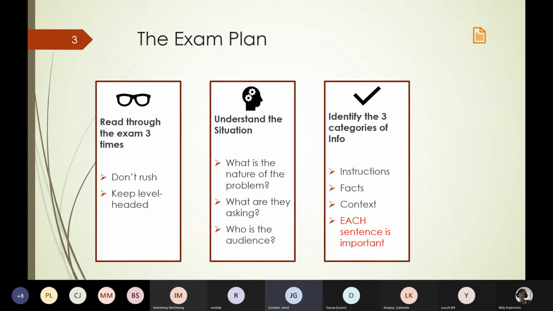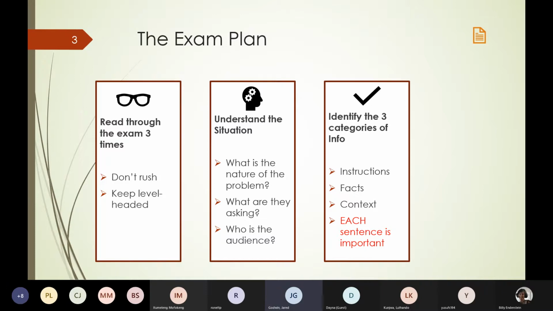And that's where I come to this third column here, to say your goal when you read through this exam the 3 times, or however many it is at the beginning, is to identify 3 categories of information. Every sentence in that exam paper, and I'll show you what I mean when we go through it, but this is just my suggested exam plan, you can categorize into 3 different buckets.